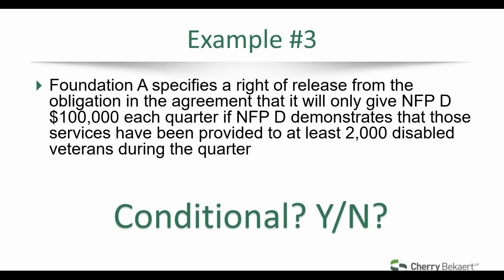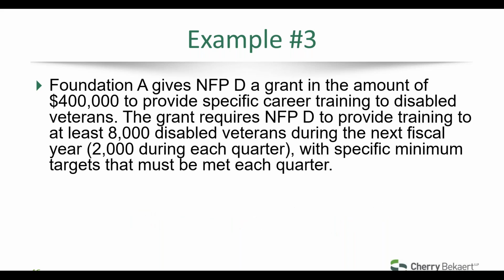Foundation A specifies a right of release from the obligation in the agreement that it will only give not-for-profit D $100,000 each quarter if not-for-profit D demonstrates that those services have been provided to at least 2,000 disabled vets during the quarter. So, in this example, the foundation is giving money.